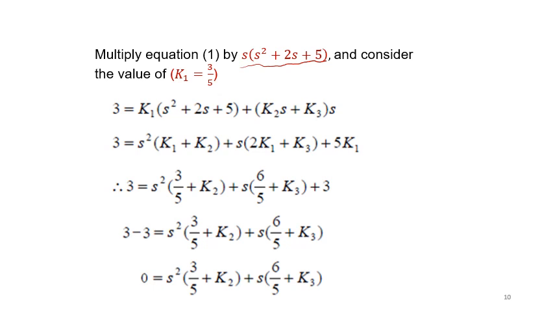Keeping in mind that the value of K1 is to be calculated, as I mentioned earlier, as in case 1, use the value of K1 in the equation. When you multiply this value into the whole equation, on this side you will get 3. When you multiply the whole quantity into this side, s will be cancelled with s, and the remaining will be this one.